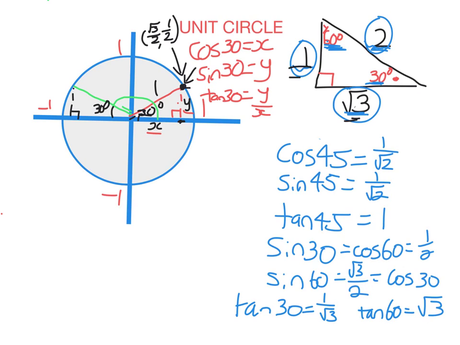Now, the green triangle and the red triangle that you see there are actually congruent. They are congruent because they both have a right angle, they both have another angle the same, and they also have the same hypotenuse, because the hypotenuse of this green triangle is also 1, since it's the radius of the circle.